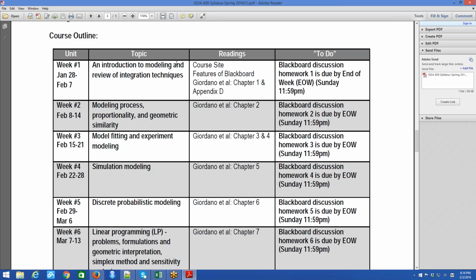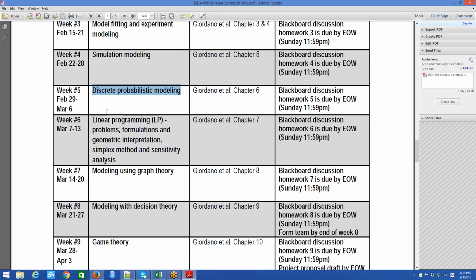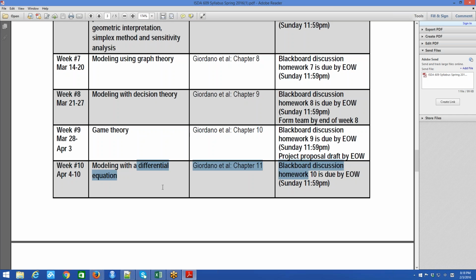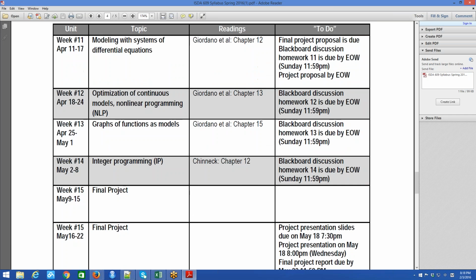Starting from week 4, we have introduction to simulation modeling, with probabilistic modeling followed by LP, modeling using graph theory, modeling using decision theory, followed by game theory and differential equations, systems of differential equations, nonlinear programming, graph as function as models, and integer programming. That's pretty much the snapshot of all the contents that we're going to cover.